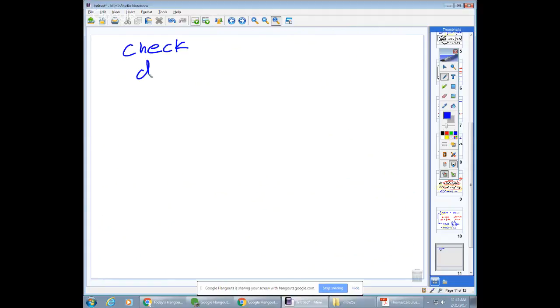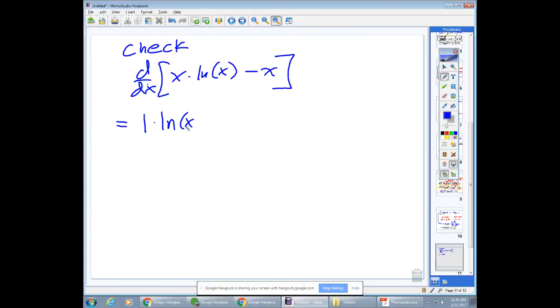What happens if we differentiate x natural log of x minus x? Okay, so we got the product rule in the first part. So derivative of x is 1 times the natural log of x.